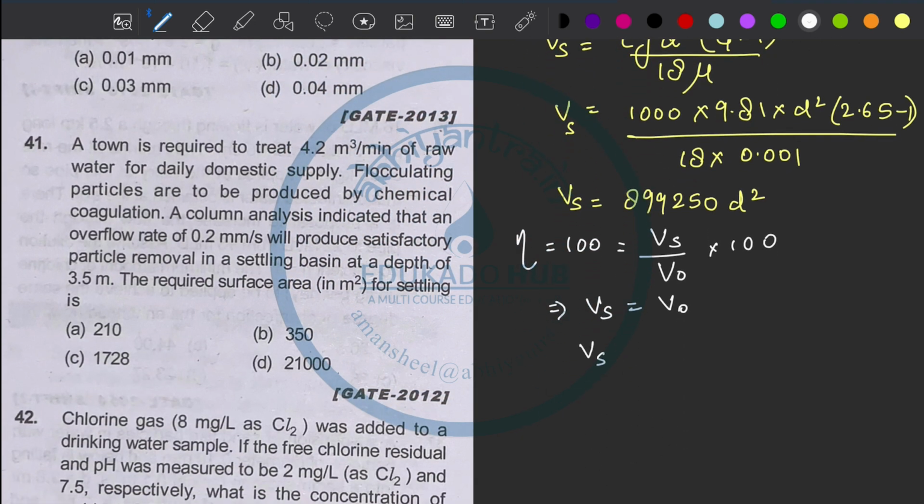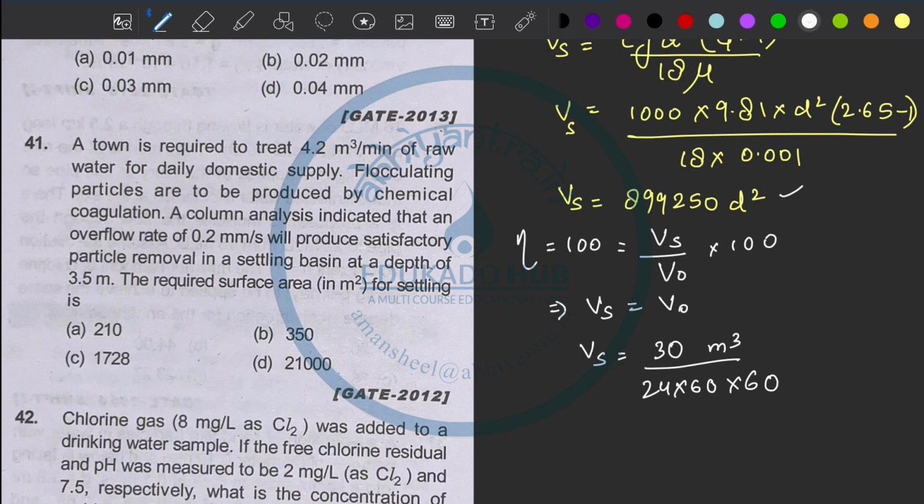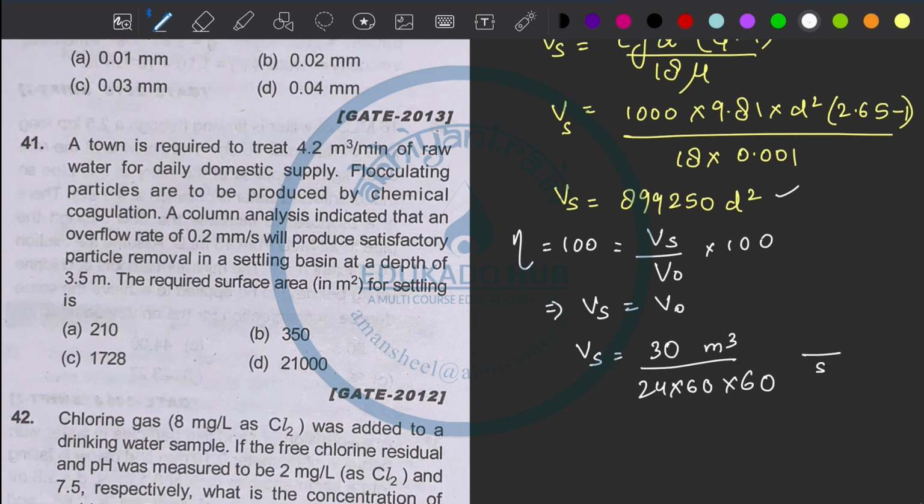Surface overflow rate is given as 30 meter cube per day per meter square. So Vs is equal to 30 meter cube per day. In a day there are how many seconds? Because Vs comes out in standard units, so day should be changed into second. So 24 into 60 into 60 meter cube per second per meter square.